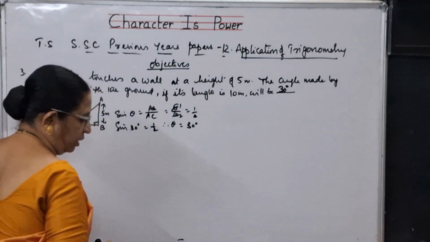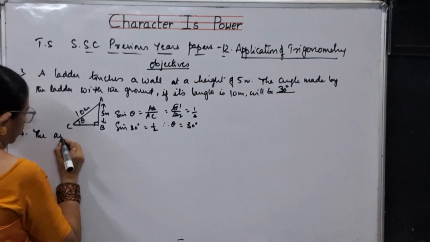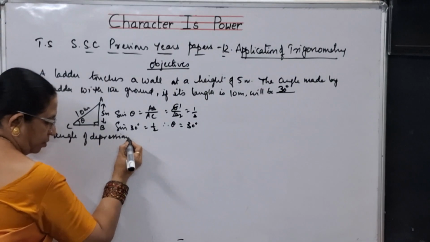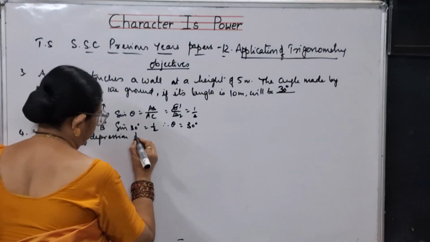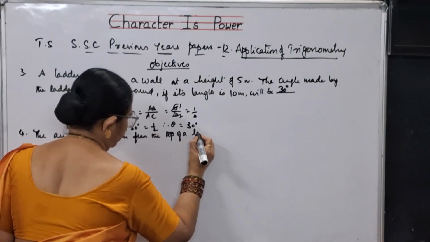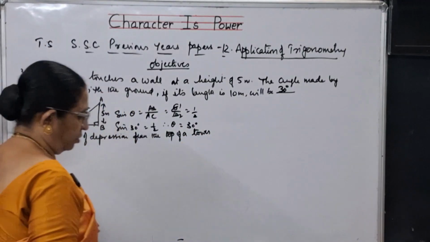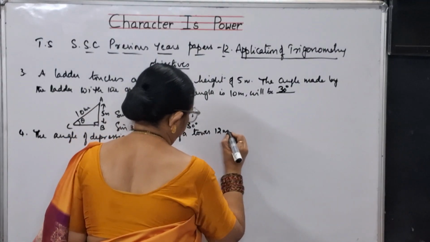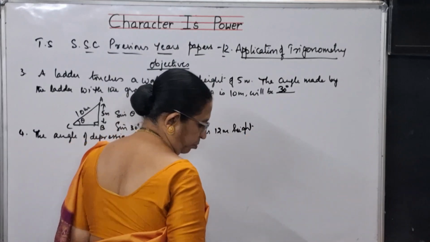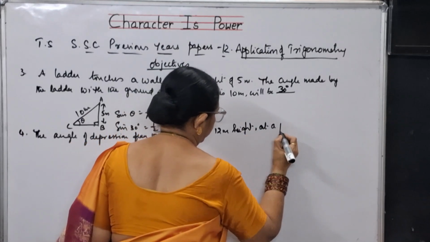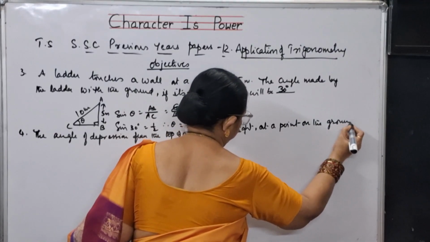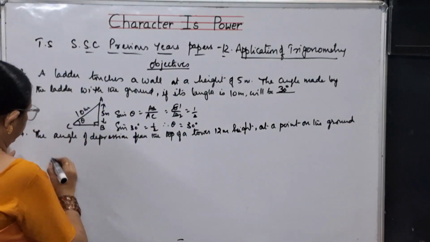Fourth question. The angle of depression from the top of a tower 12 meters high, at a point on the ground, is 30 degrees.